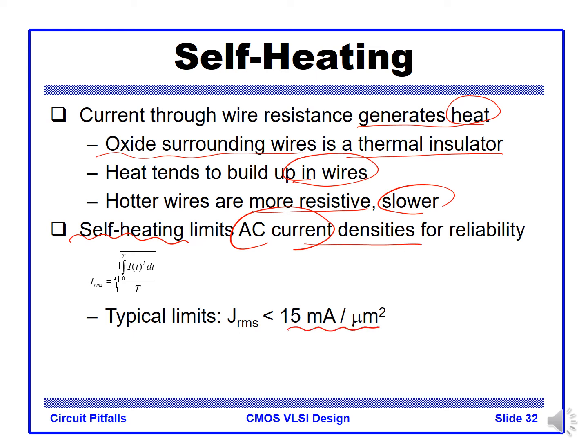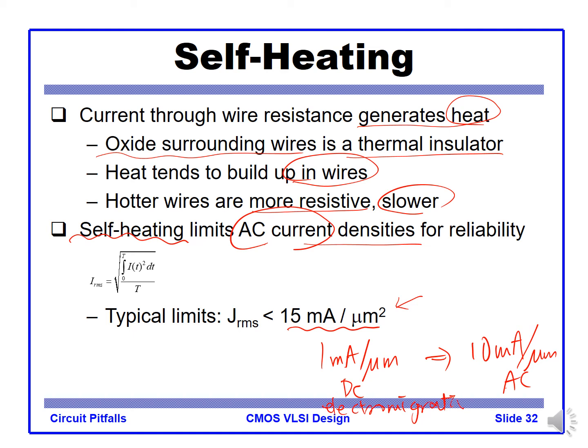So for DC, in the electron migration case, the maximum was typically 1 milliamp per micrometer of width. But for the self-heating case, AC current, you can remember it is approximately 10 times larger, let's say 10 milliamp per micrometer is the maximum current that you can flow in terms of the AC limitation.